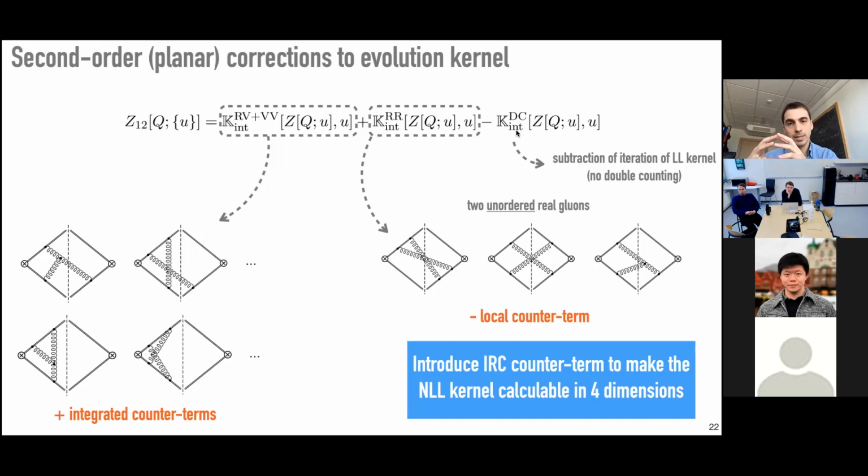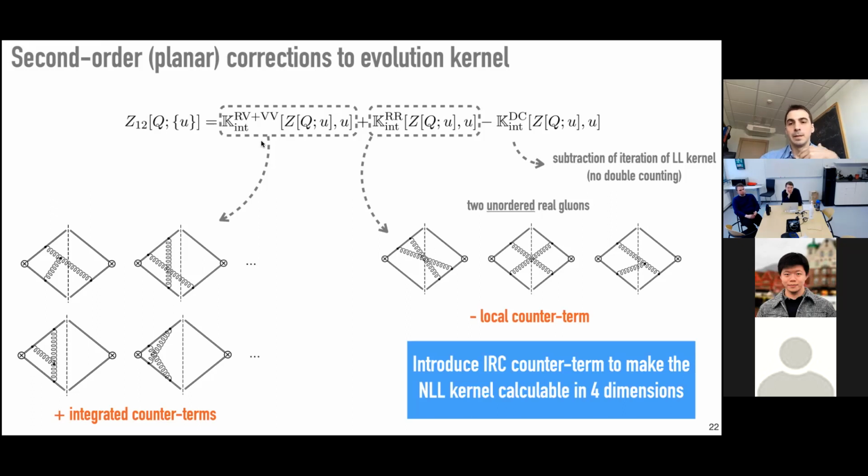You can take the 4-dimensional limit, and then this can once again be integrated back and combined with the virtuals to give once again a finite contribution. So after the subtraction procedure, the right-hand side is broken into 3 terms, which are individually finite in 4 dimensions. So I can take d equals 4 at the level of the kernel, and I can aim at solving this equation in a computer numerically.